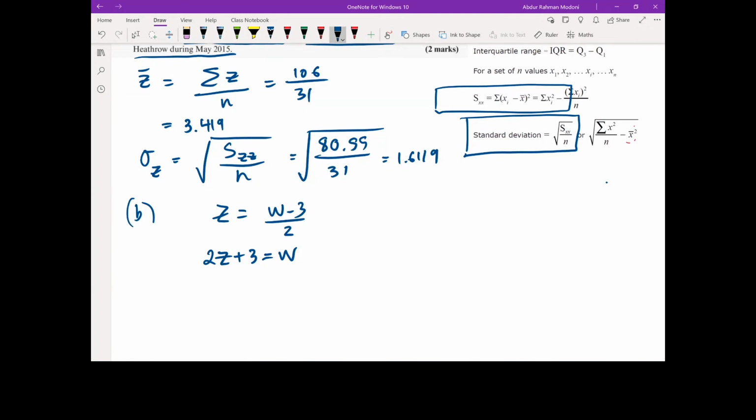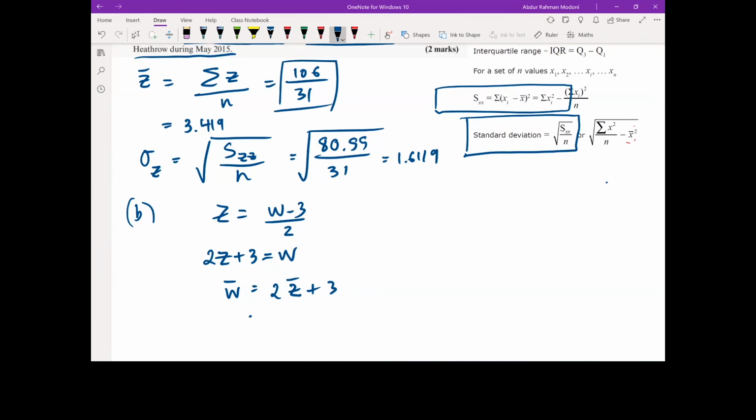Now we know how the mean is affected. If I wanted to find W bar, the mean is affected by both multiplication and division, as well as addition and subtraction. So to work out W bar, it will be 2 lots of Z bar plus 3. We already have Z bar because we worked it out here.